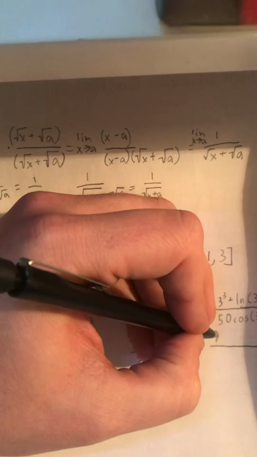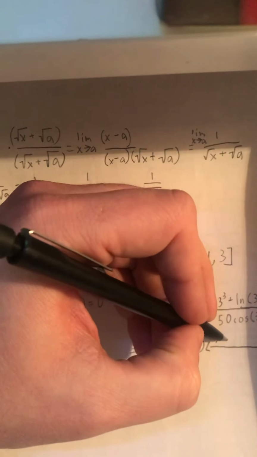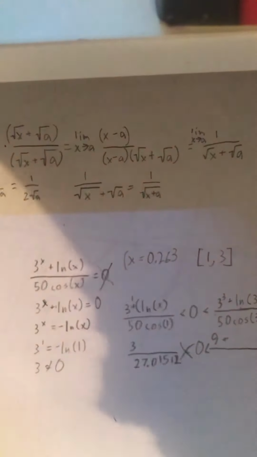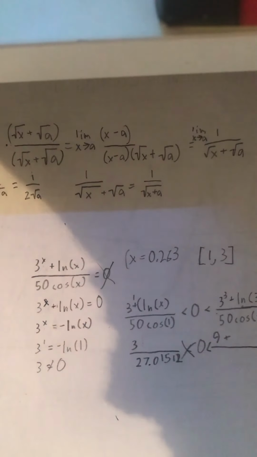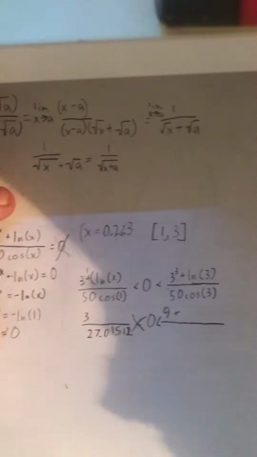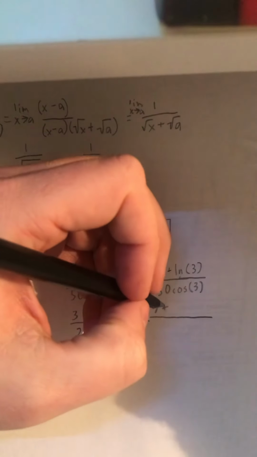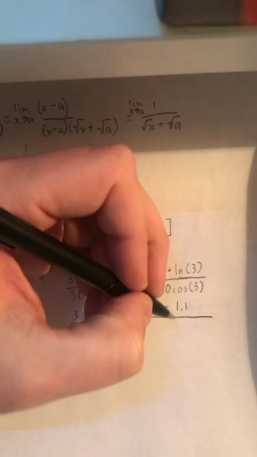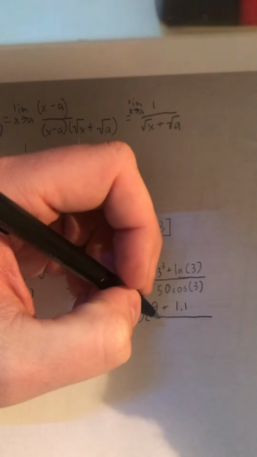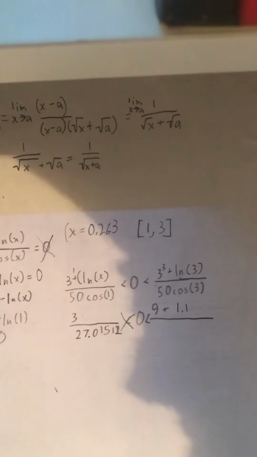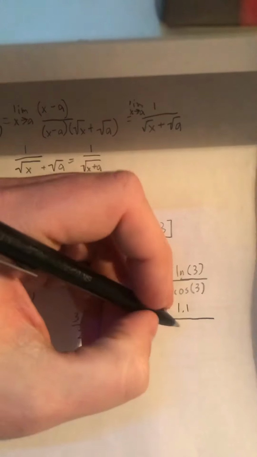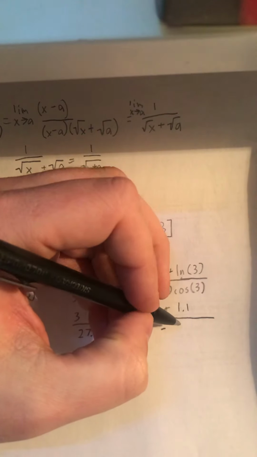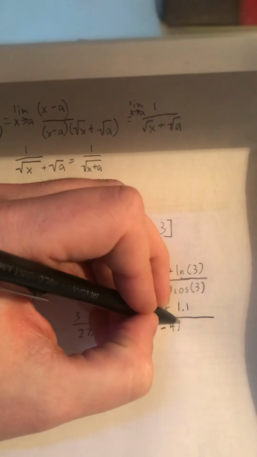Going on the other side, 9 plus the natural log of 3 is roughly equal to 1.1, and the 50 cosine of 3 is interesting, negative 49.5.